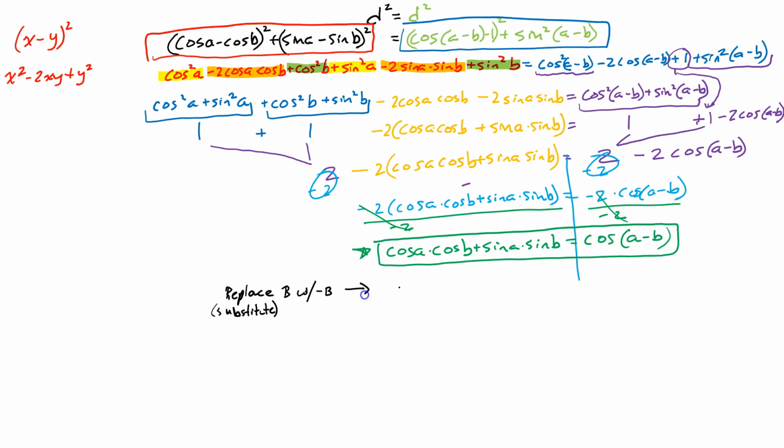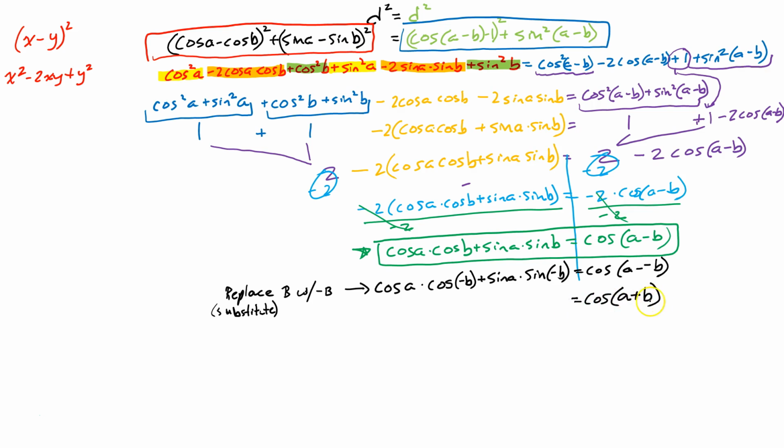That would give me the cosine of A times the cosine of negative B, rather than B, plus the sine of A times the sine of negative B is equal to cosine of A minus, and that B becomes negative B. Well, note this side becomes cosine of A plus B now.